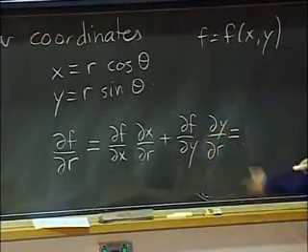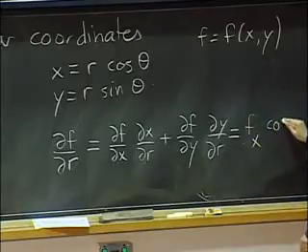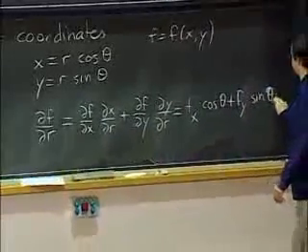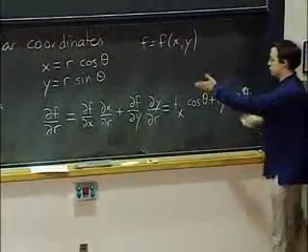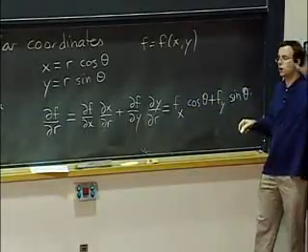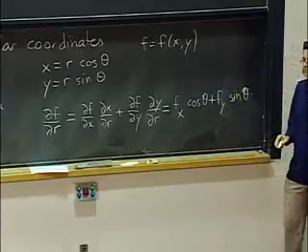And so that will end up being actually f sub x times cosine theta plus f sub y times sine theta. And you can do the same thing to find partial f, partial theta. And so you can express derivatives either in terms of x, y, or in terms of r and theta, with simple relations between them.